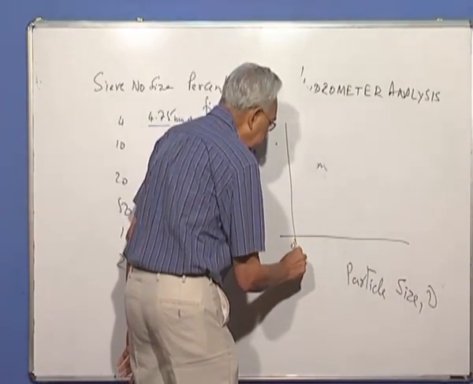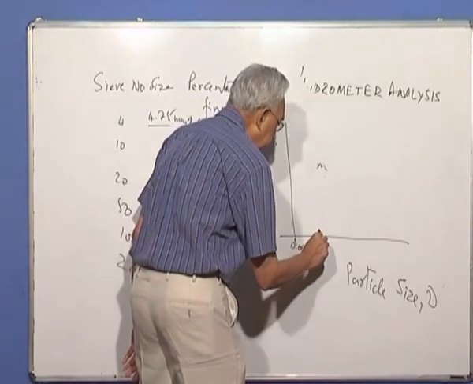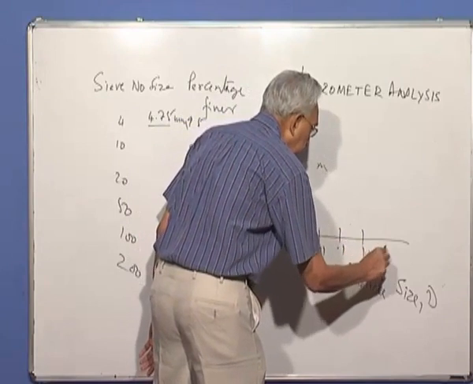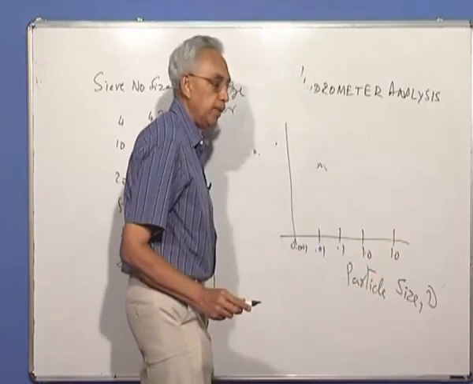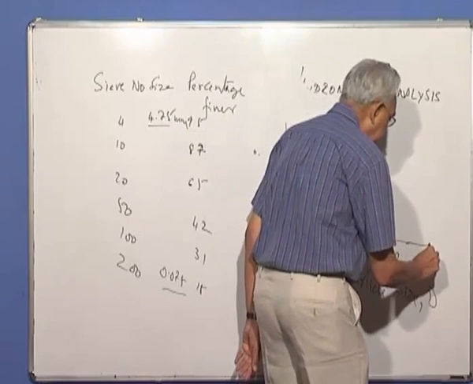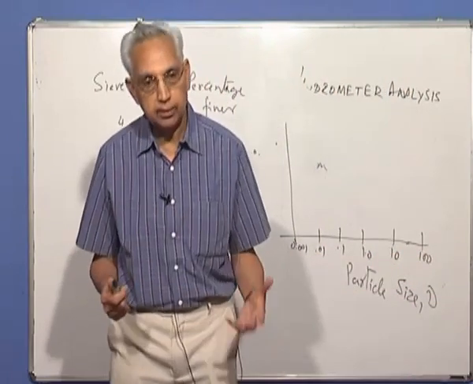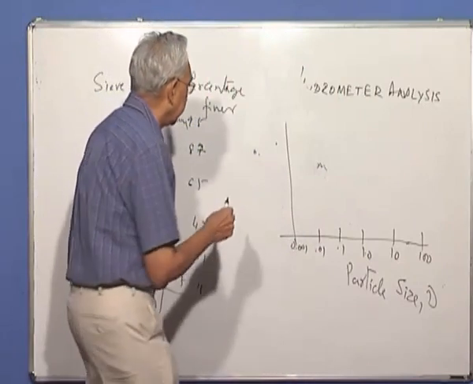Let's say I'm using 0.1, 1, and 10. You may go up to a maximum of 100, which is for sizes bigger than gravel. You can call them cobbles or boulders, etc.